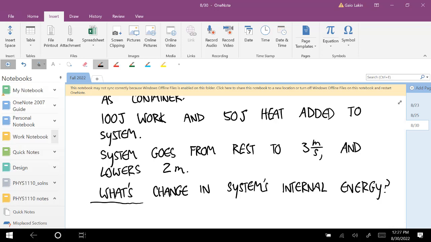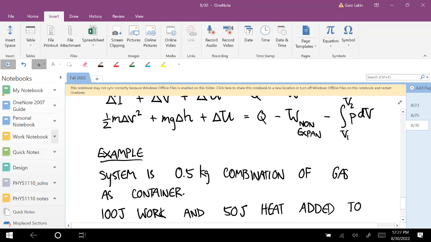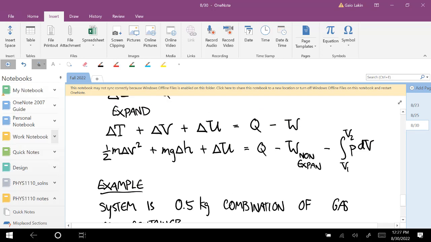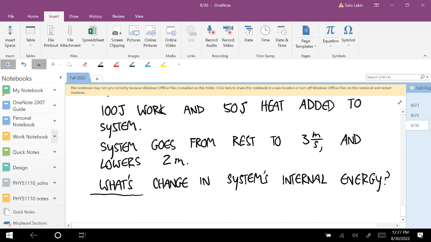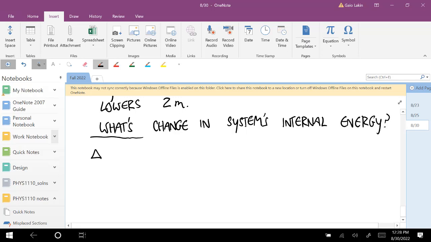The internal energy is delta U? Delta U, yep. And so really this is just a matter of plugging values into this fully expanded form that I just gave here. For the change in energy, the left side of this equation, that is the change in kinetic energy plus the change in potential energy plus the change in internal energy.